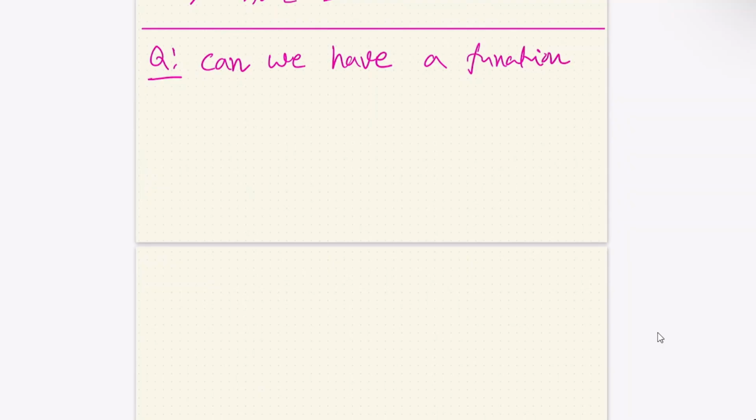Can we have a function? Let's say the mu. I'm not saying whether it is LD or something, mu such that the power set of RD goes to 0 to infinity.